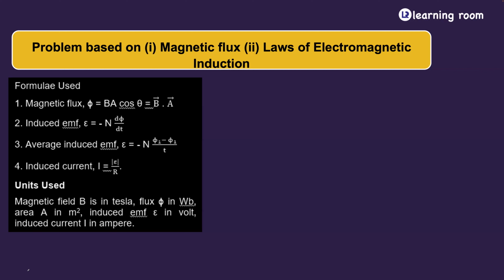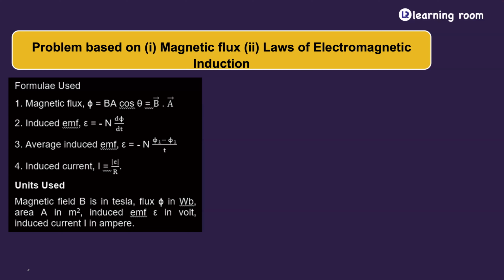When you try to increase the flux, it generated the same pole so that it tried to decrease it. When you try to decrease, it generated the opposite pole so that it was trying to increase. Whatever you did, it will exactly do the opposite job. That is the reason why we put this minus sign. That is the significance of Lenz's law, right?